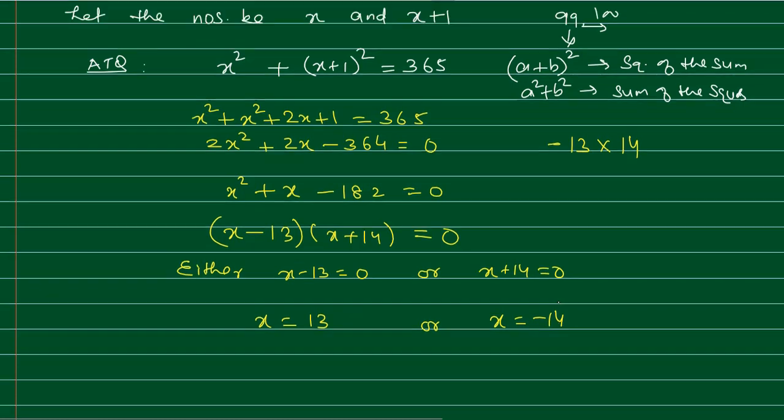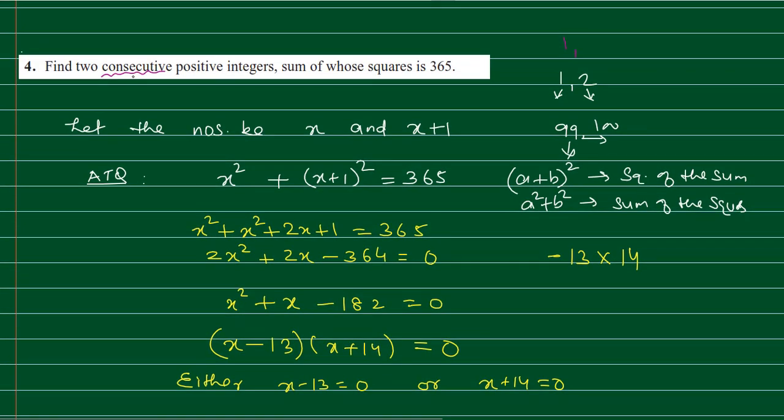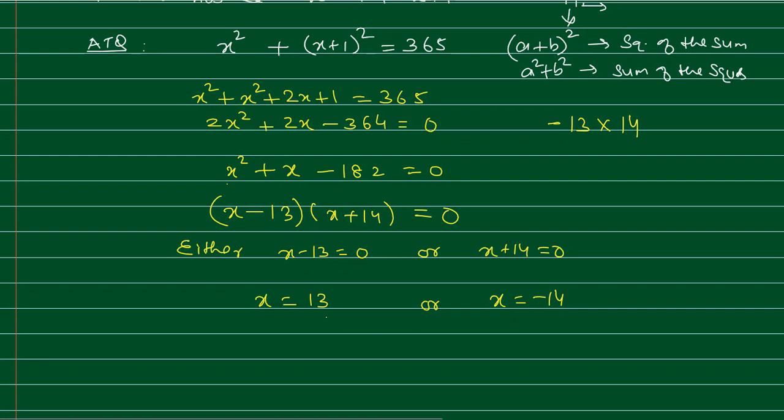And according to the question, we are in search of positive integers, and as per the quadratic equation x square plus x minus 182, there are two roots for this equation. x equal to 13 will satisfy this, and x equal to minus 14 also will satisfy this equation, but not this situation.